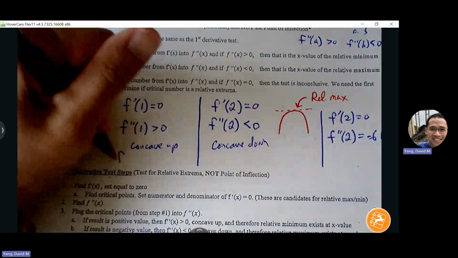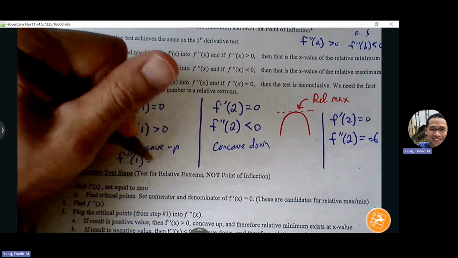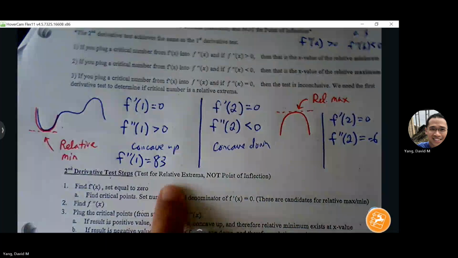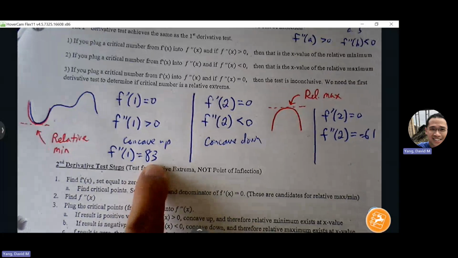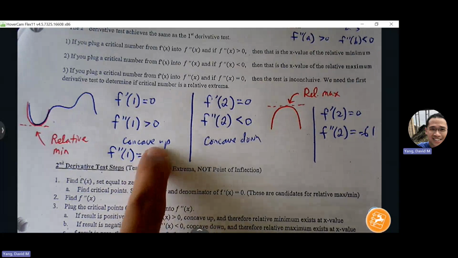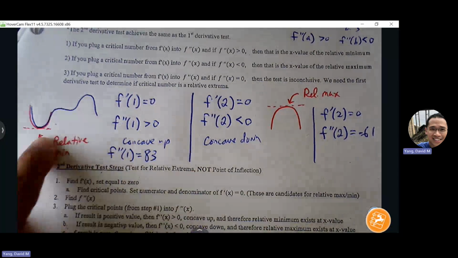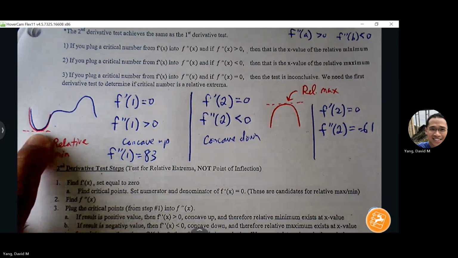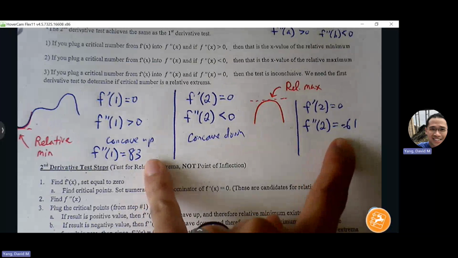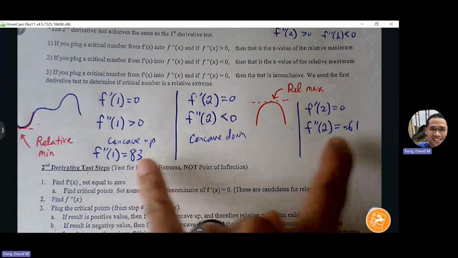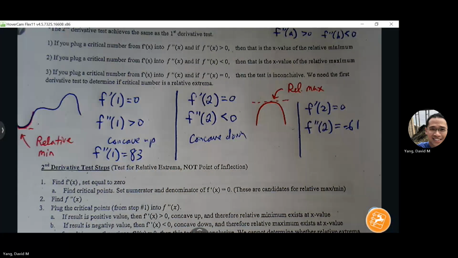Likewise, over here, if f double prime of 1 is equal to 83, that positive number may throw you off because that's such a large number. That must be a relative max, but that's concave up. Concave up looks like this. That's actually a relative minimum. Okay. So I just want to point out the places where it's easy to get thrown off, and hopefully you can avoid that.